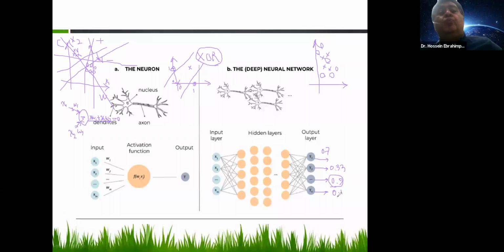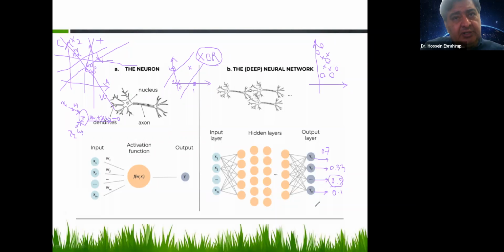So each neuron separately decides how similar this input is to the pre-designed value for that neuron.